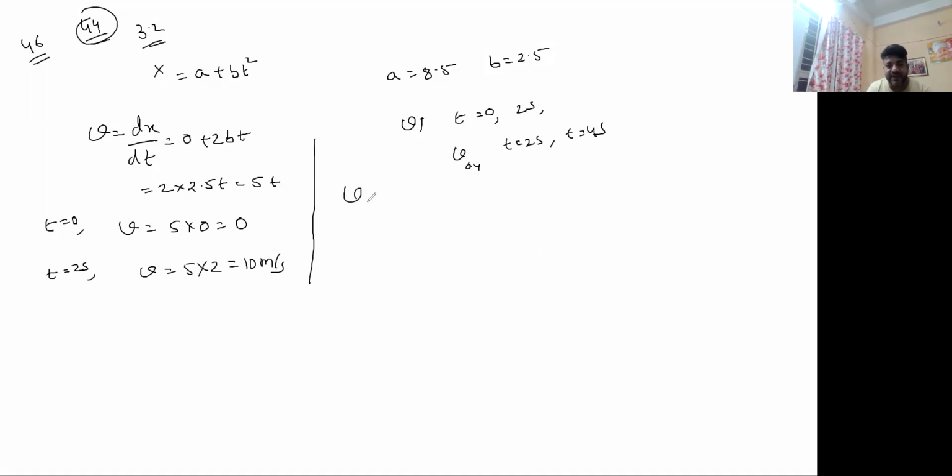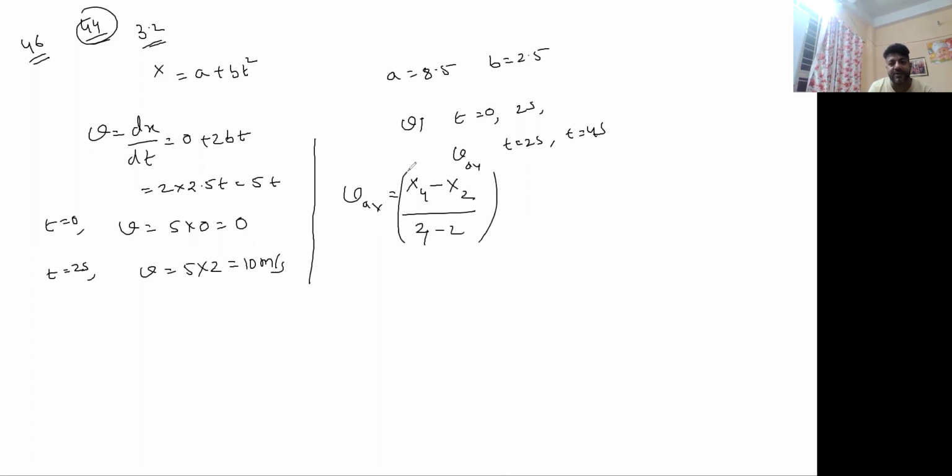Average velocity. Anyone tell me, for average velocity, how can we do that? You can solve it by two methods. One: distance traveled in 4 seconds minus distance traveled in 2 seconds, by 4 minus 2.